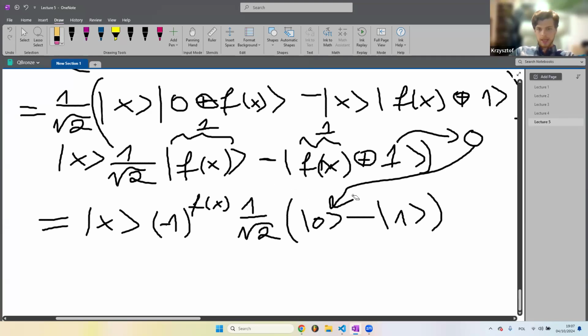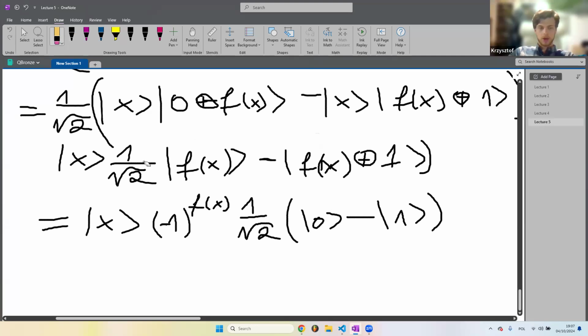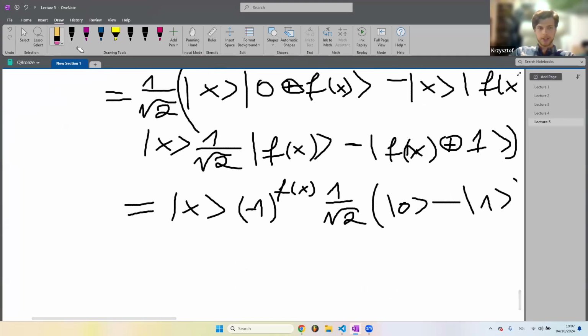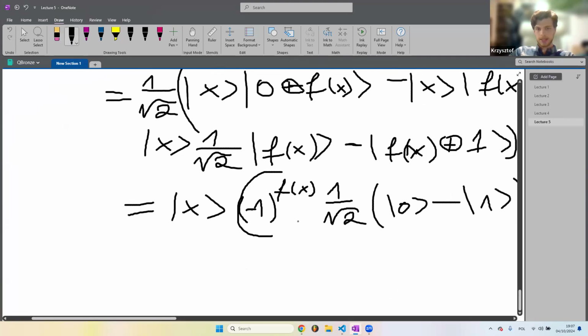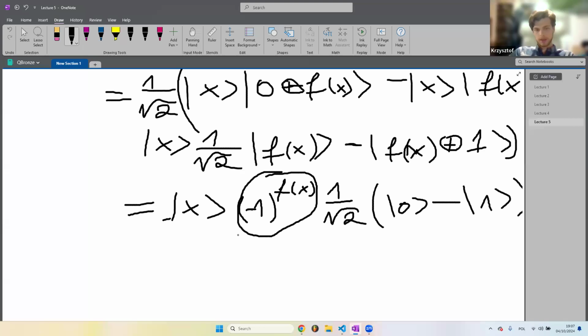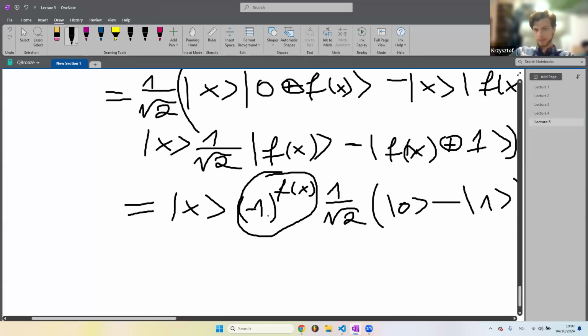So you can see that this oracle UF applies a phase shift to the state of the x qubit only if the result of the f of x is 1.